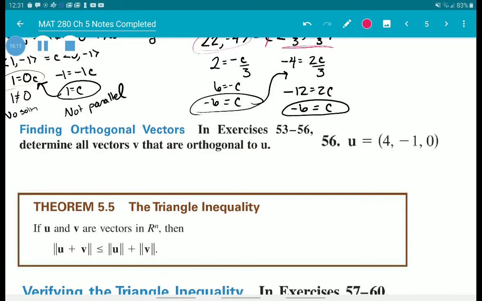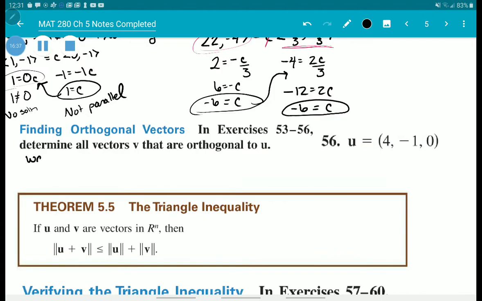So 56 has a different flavor to it. We want to look at all vectors that are going to be orthogonal to this vector u. So to be orthogonal, the dot product has to be equal to 0.